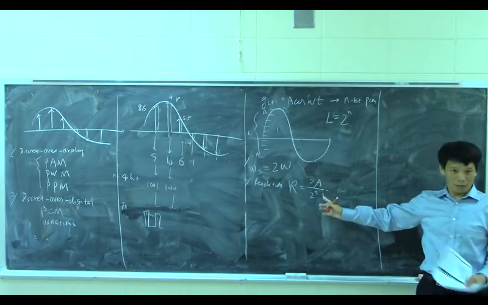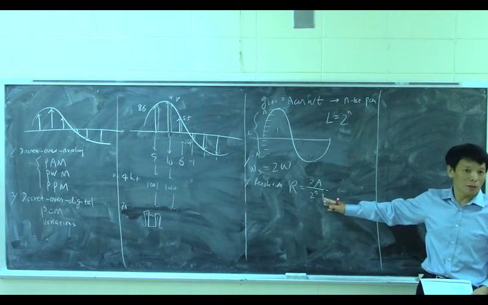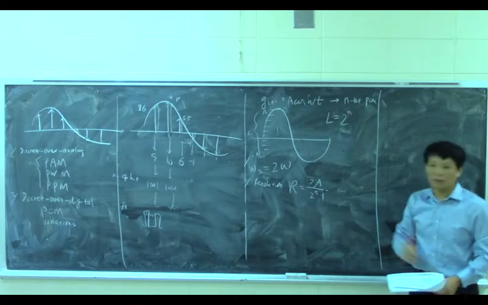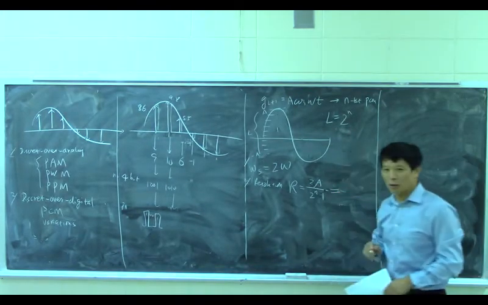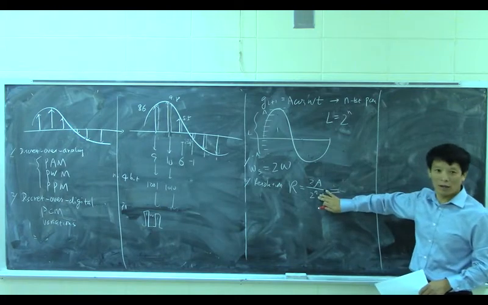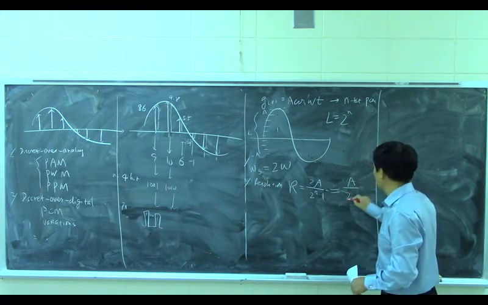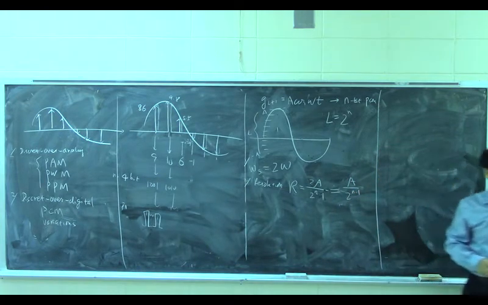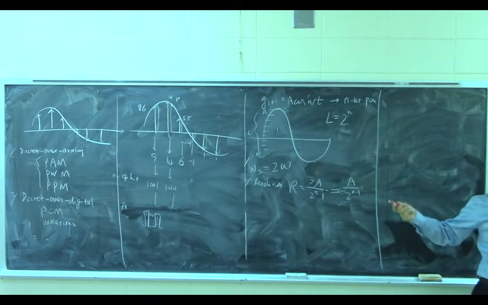Minus 1, that error is very small, so minus 1 or not, we don't care too much. So we ignore it. This 2a over this will be approximately a over 2 to the n minus 1. That gives us the quantization resolution.